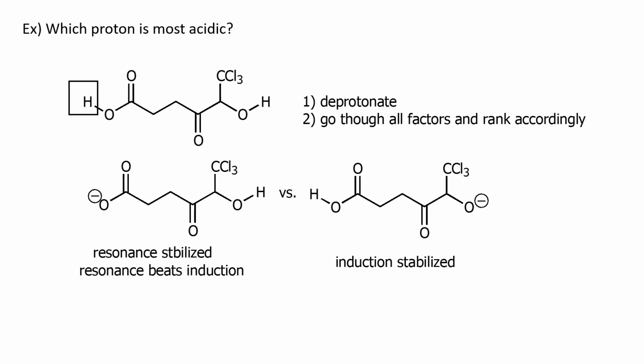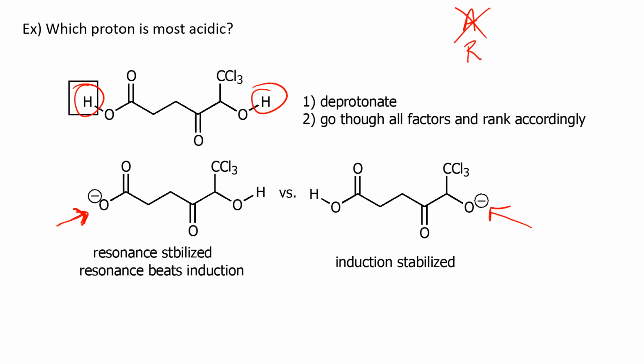All right, so if we want to compare the acidity of our two protons here, we have to deprotonate. So if we deprotonate the one on the left, we get the following conjugate base. If we deprotonate the one on the right, separately, we get the conjugate base on the right. So it looks like on the left here, and on the right, we have the same atom, so we can't use the atom argument.